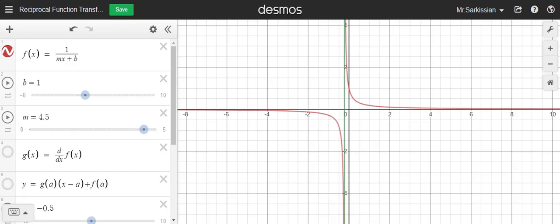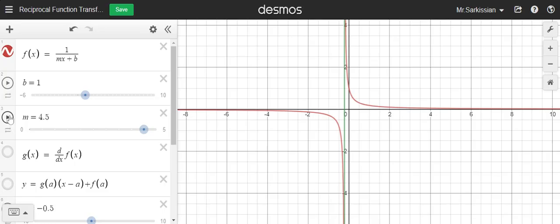And whenever m is less than 1, such as 1/2, 1/3, 1/4, but still positive, then we have a horizontal stretch or expansion by a factor of 1 over m. So that's the role of m and b in terms of transformations.